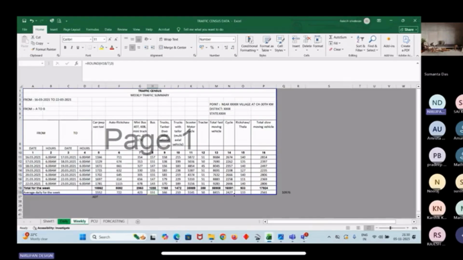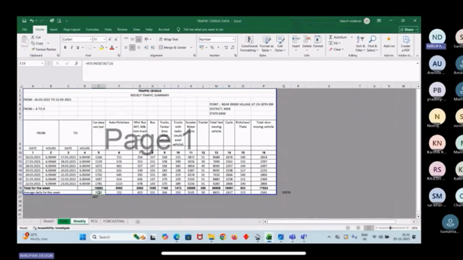Suppose in the month of March, due to a fair, a truckers' strike, or any reason, suppose in 2 months of a year there is a huge traffic difference from the other 10 months. In those 2 months the traffic is coming like 2500 for cars, but the rest of the 10 months it is 1000. That's why we need to find the traffic pattern throughout the year.